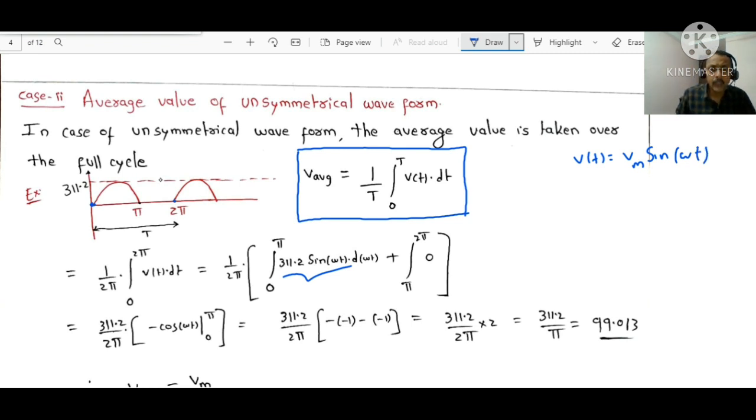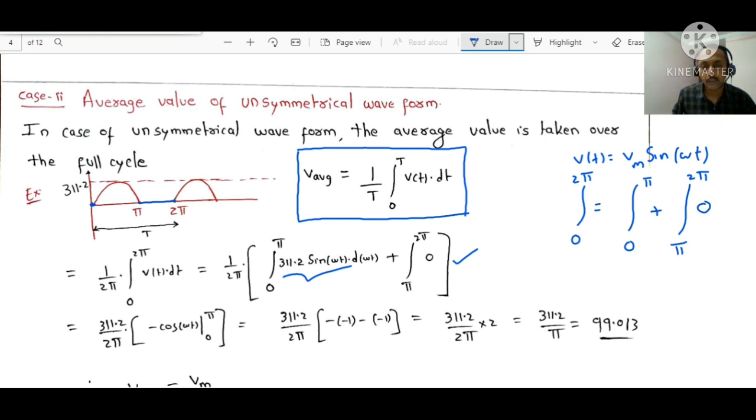If you observe, even though the limits are 0 to 2 pi, let me split it into two parts: one within the limits 0 to pi, plus the other within the limits pi to 2 pi. But from pi to 2 pi, its magnitude is 0. So this value will be 0.